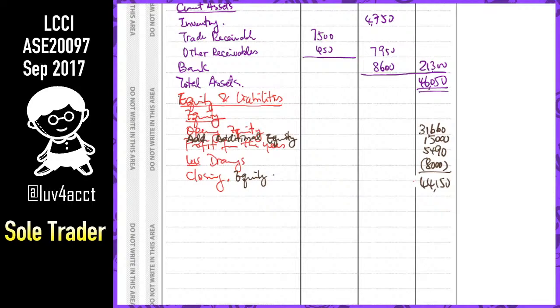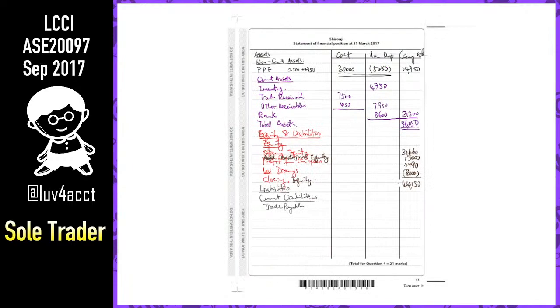Okay, so you just have one more item for liabilities. That would be your current liabilities, trade payables. Okay, you don't have any accruals at the end of the year. So liabilities, and then current liabilities, trade payables. Okay, let us find the figure.